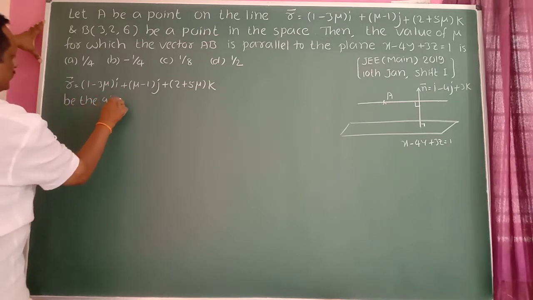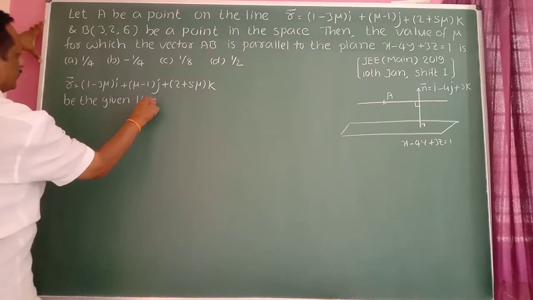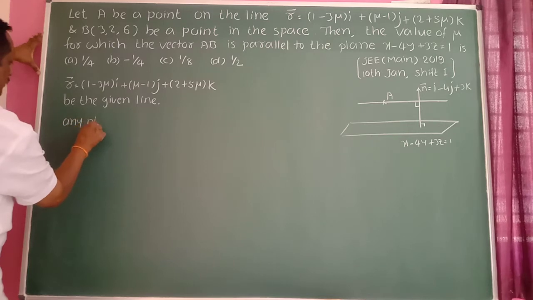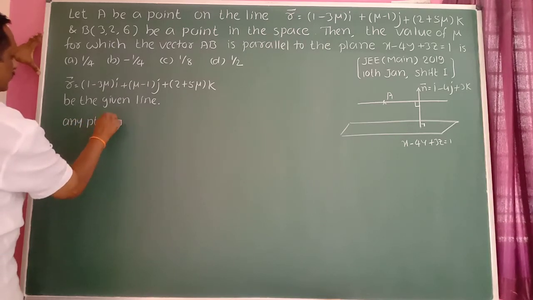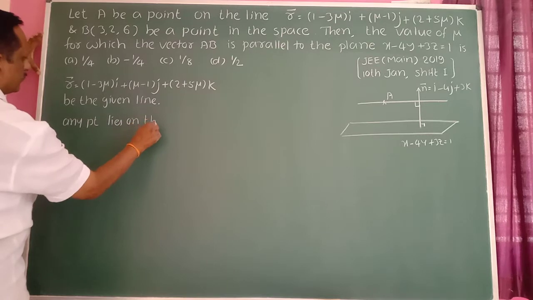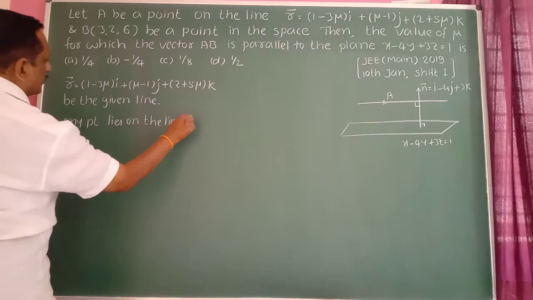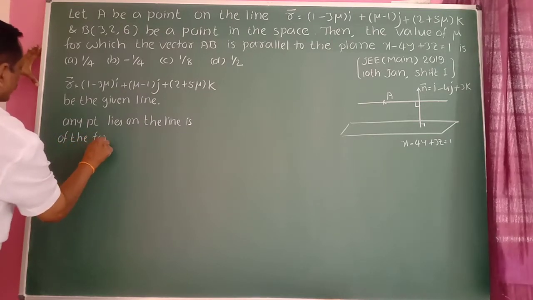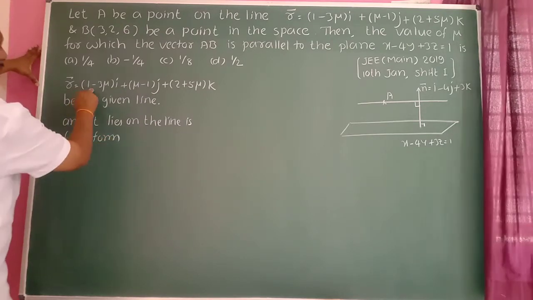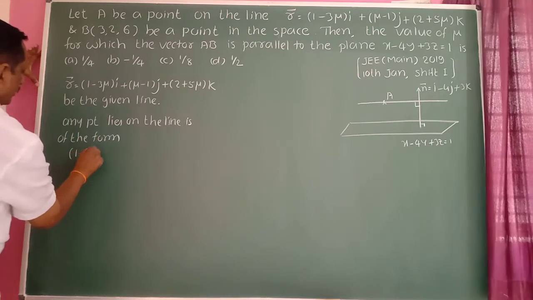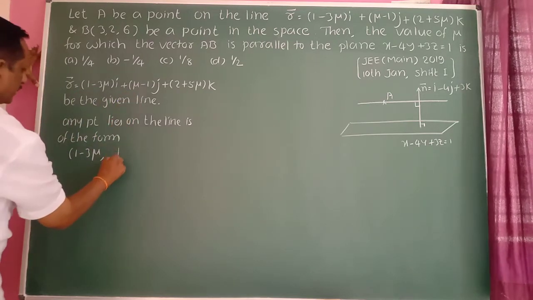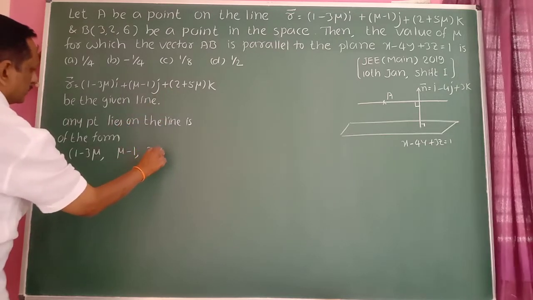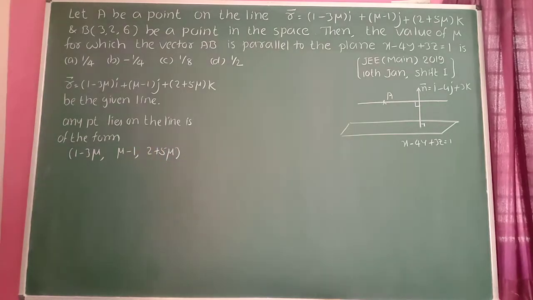Any point lies on the line is of the form (1 - 3μ, μ - 1, 2 + 5μ).